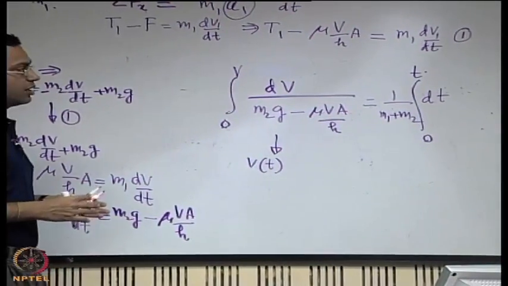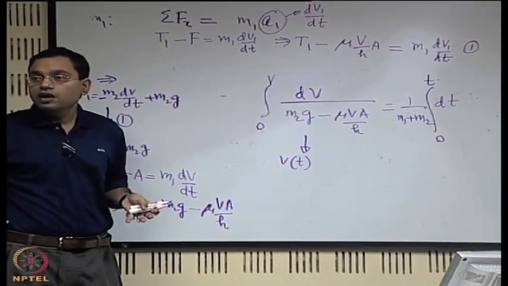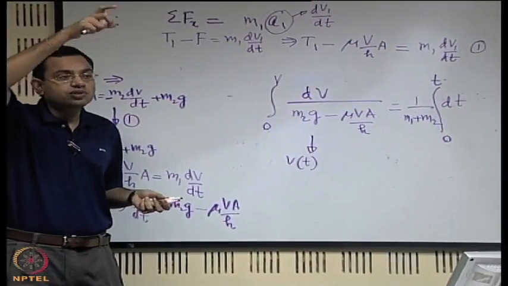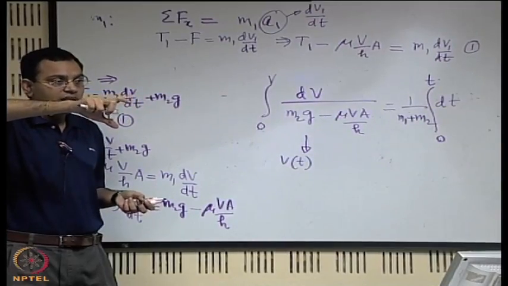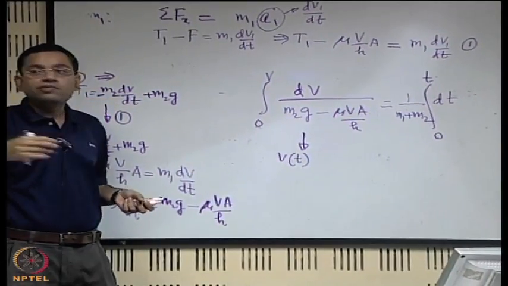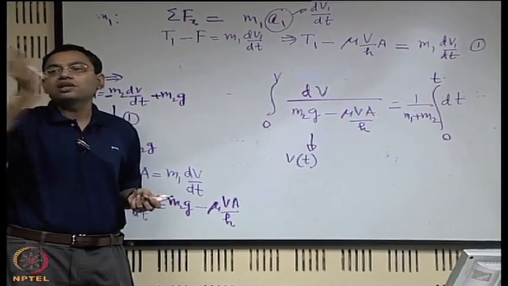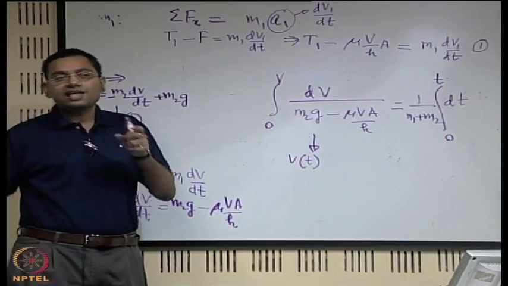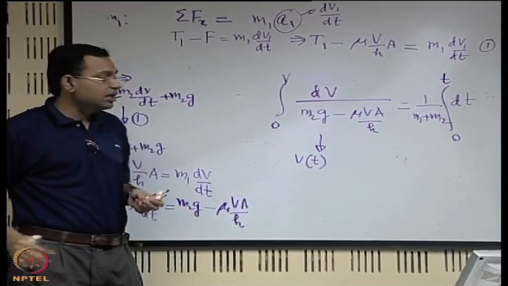If it is released from rest, its velocity should increase with time or decrease with time? Increase, right, because the M2g that is falling down is making it move towards the right. At the same time there is a viscous resistance, so it will come to a sort of asymptotic state when it has a balance between these two forces, and then there is no further change in velocity.